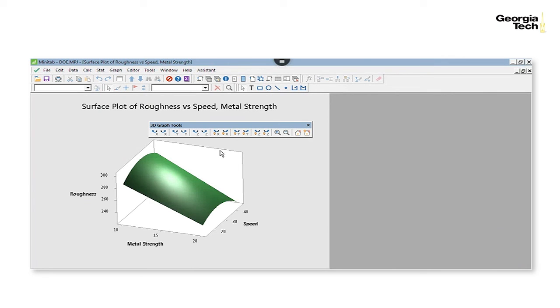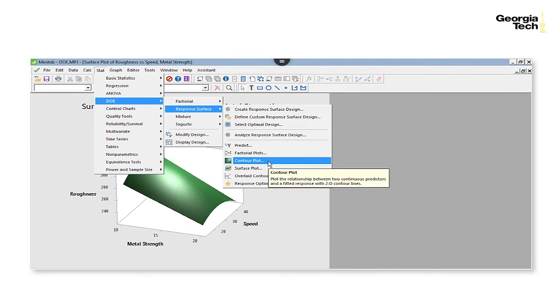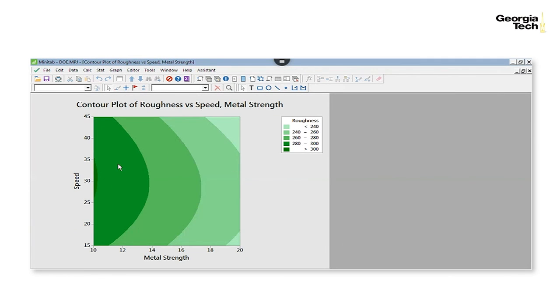That shows the relationship. Another tool which is very useful is the contour plot. So I select contour plot, then OK. What it shows is basically the map of the 3D surface plot onto a 2D plane. On the y-axis I have speed, on the x-axis I have metal strength, and different colors show the different levels of roughness.